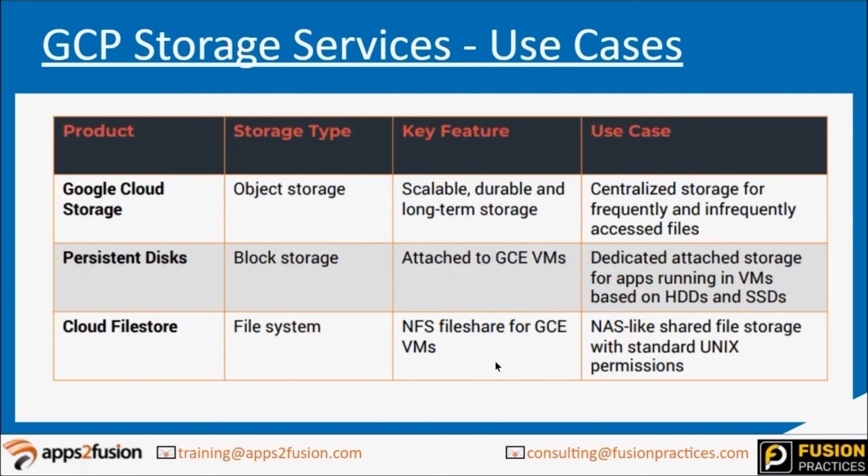Full NFS v3 support is offered by Cloud Filestore, which means Filestore offers native compatibility with existing enterprise applications and supports any NFS v3 compliant client. Applications gain the benefit of features such as scale-out performance, hundreds of TBs of capacity, and file locking without the need to install or maintain any specialized plugins or client-side software. So these are the advantages of Cloud Filestore.